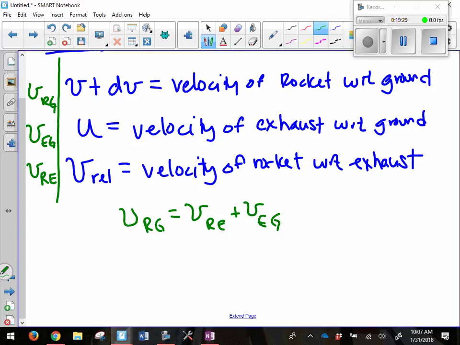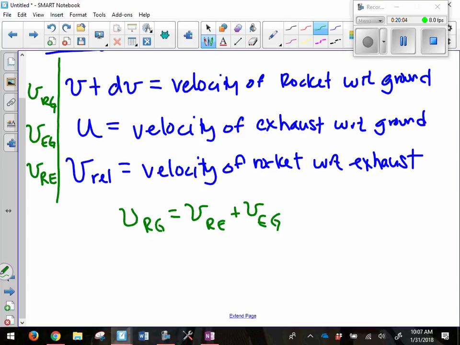That works too, and then I don't have to have a negative sign. The velocity of the rocket with respect to the ground is equal to the velocity of the rocket with respect to the exhaust plus the velocity of the exhaust with respect to the ground. You were doing more steps than I was all at once. We're going to get there, but let's make sure everybody understands this step first. I love it when you work ahead, but we have to make sure that everybody's there.